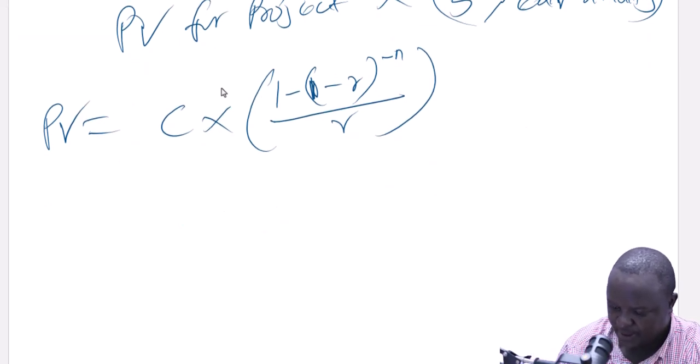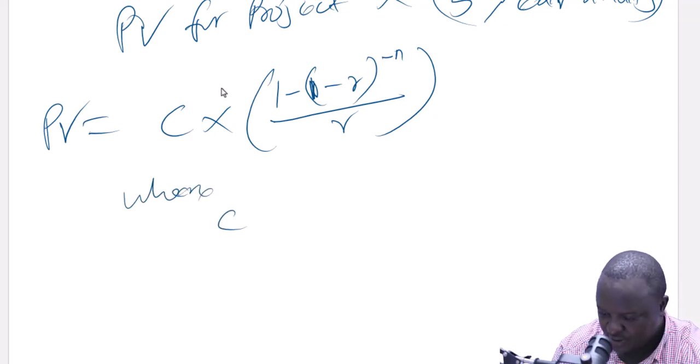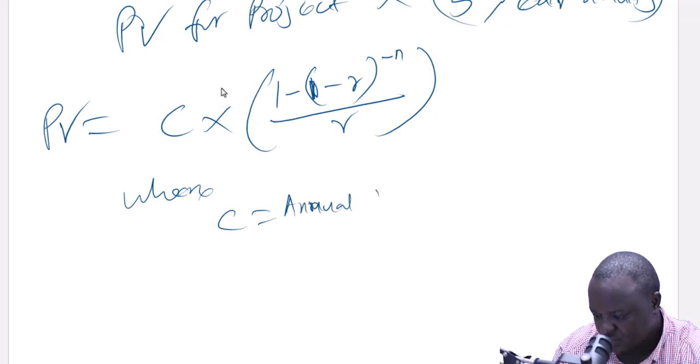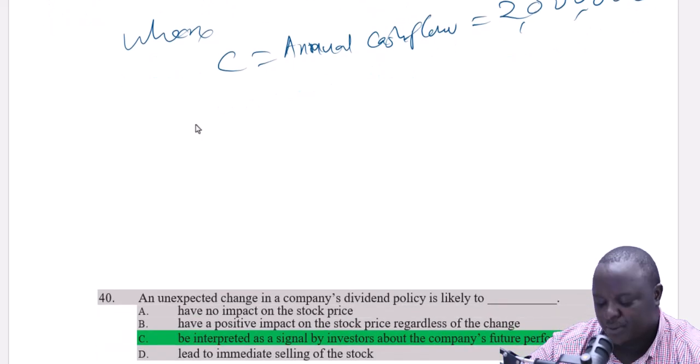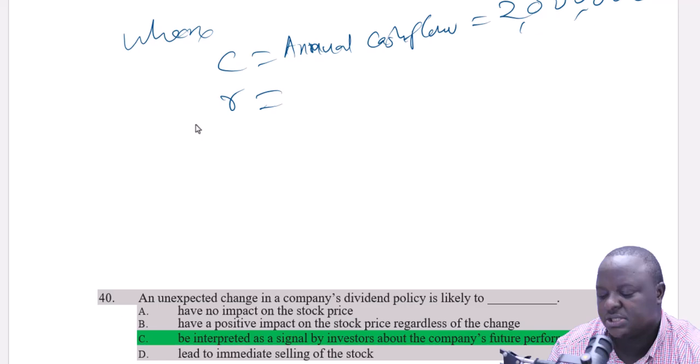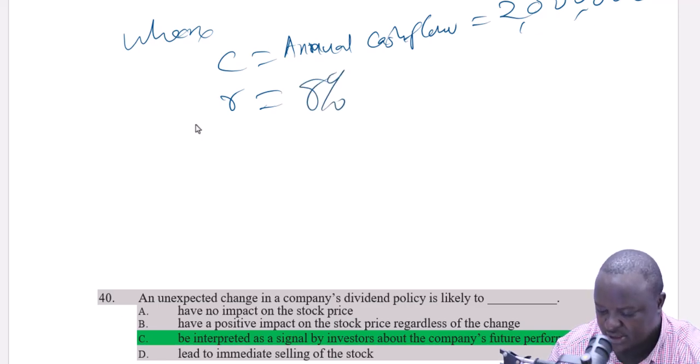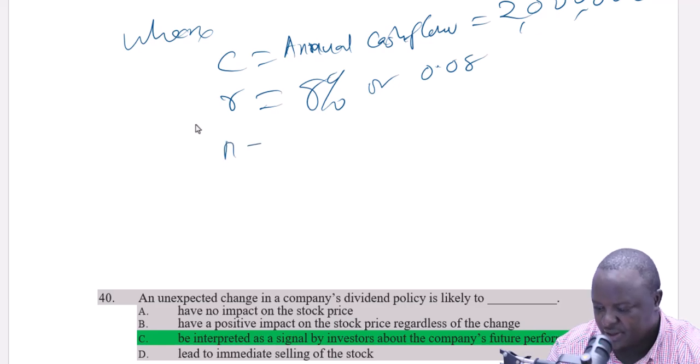Where C is the annual cash flow, which we have been told is 2 million. Then we have the rate, which is 8%, or 0.08, and then we have n, which is 5 years.